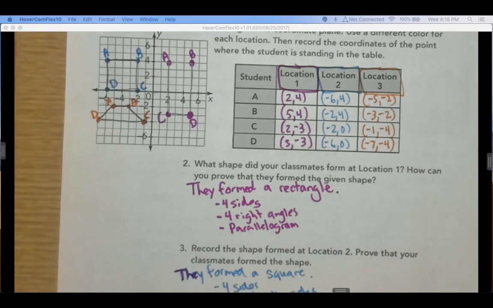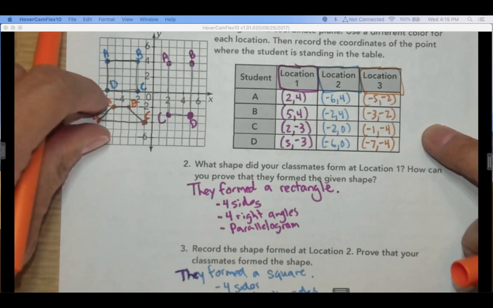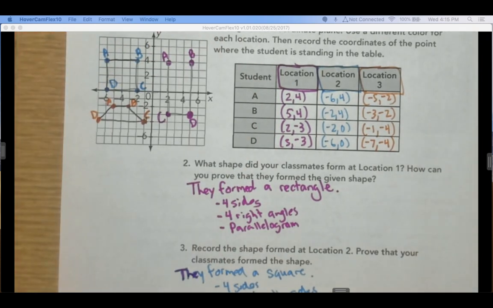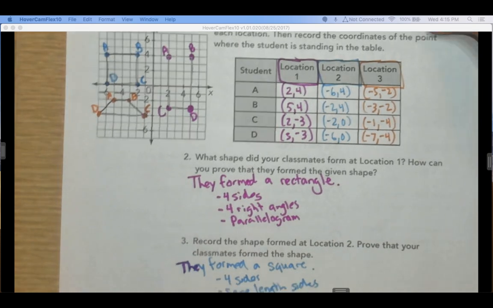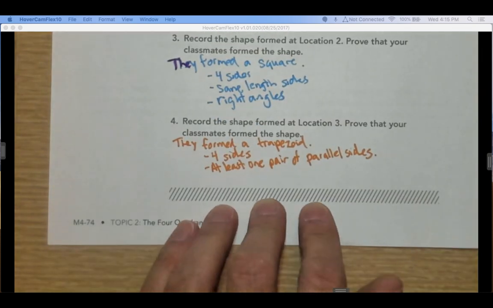And then the orange one is a trapezoid. This side and this side will go on forever and never touch, and it's got 4 sides. Okay, and so that is that portion of the getting started for this section.